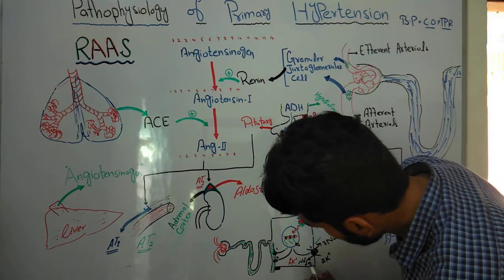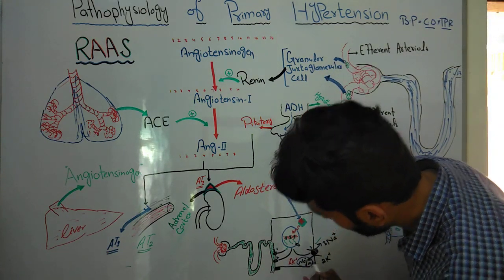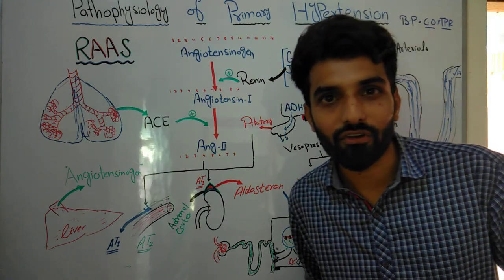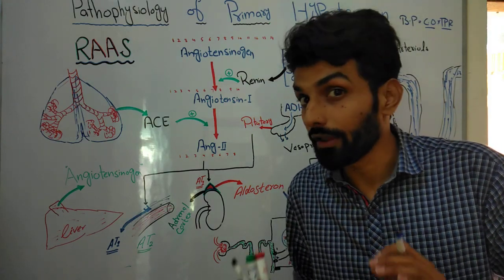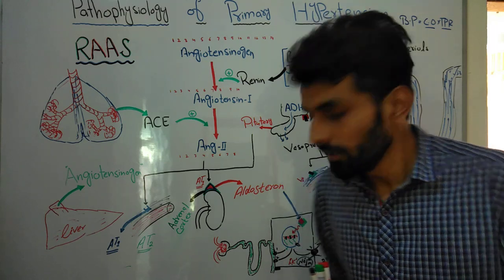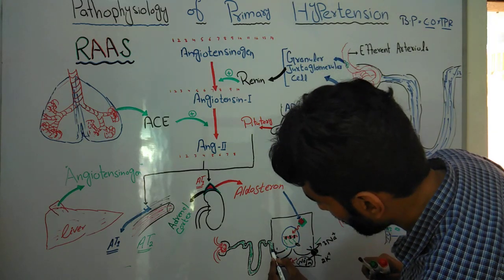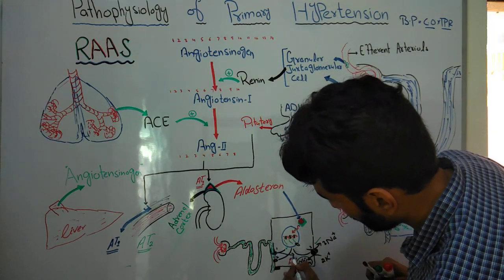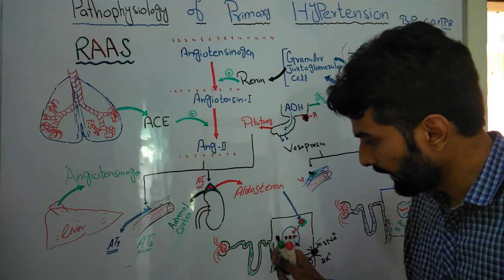So now inside, sodium concentration is low, so obviously according to the diffusion rule, sodium should come into the cell from higher concentration in the filtrate.